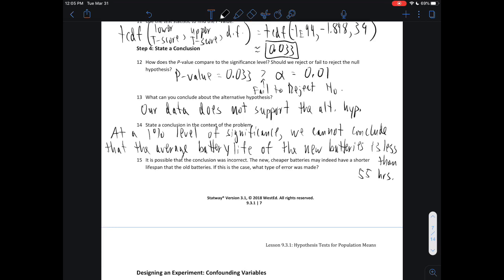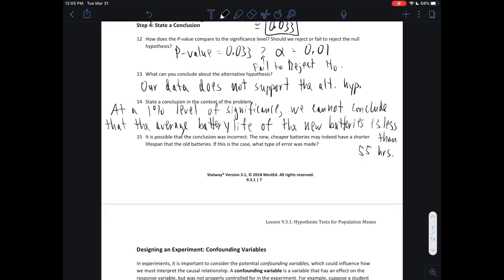And then finally, a little bit of review of an earlier concept. Number 15, it is possible that the conclusion we just got was incorrect. The new, cheaper batteries may indeed have a shorter lifespan than the old batteries. If this is the case, what type of error was made? Here our conclusion was that we failed to reject the null hypothesis.